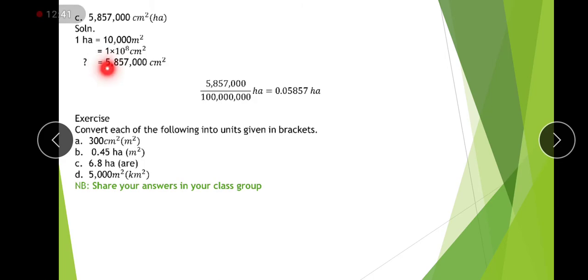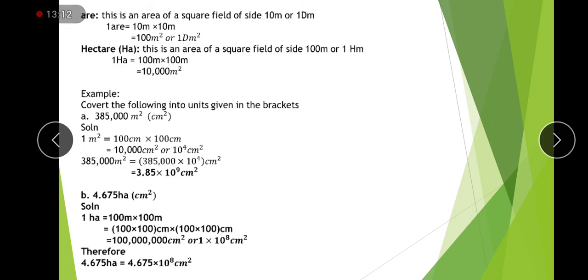Now, what about 5,857,000 square centimeter? Just cross multiply. It will be 5,857,000 divided by 100 million. You find that your answer is 0.05857 hectare.